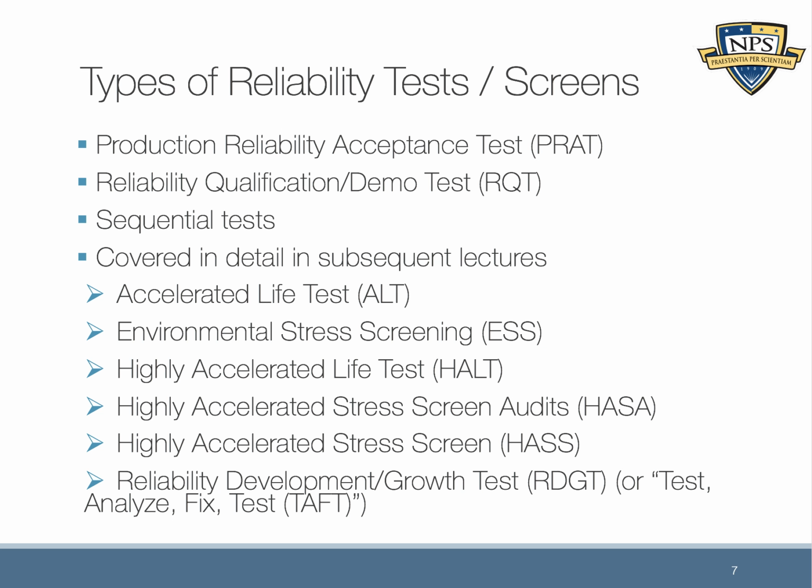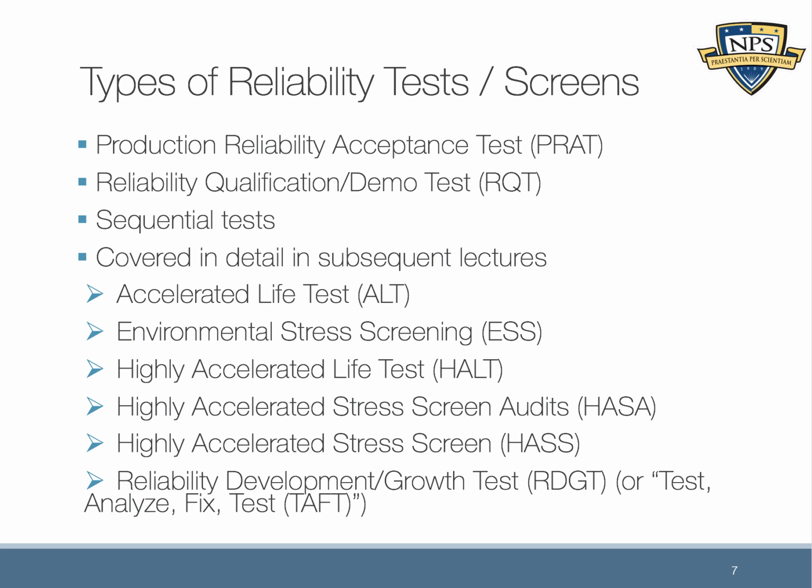Environmental stress screening, burn-in, highly accelerated stress audits, and highly accelerated stress screening. There's all sorts of different tests. Also, reliability development and growth testing is also known as TAFT, or Test, Analyze, Fix, Test, which we'll also cover. So there are many different types of tests.